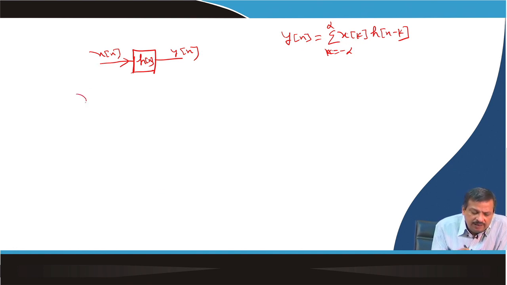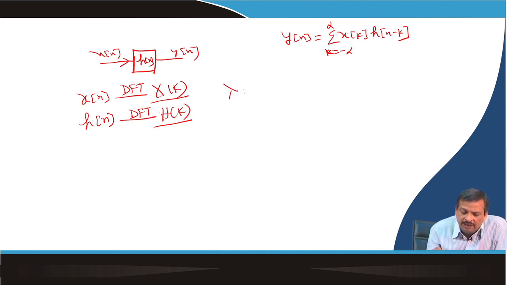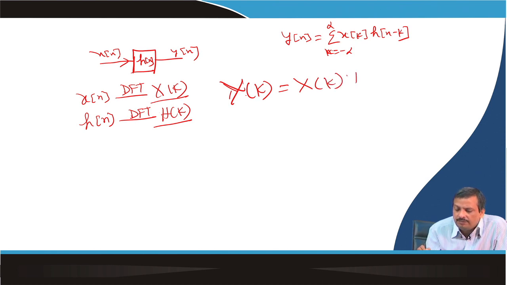Let us say x of n has a discrete Fourier transform x of k, and h of n has a discrete Fourier transform h of k. Now, if this is x of k and this is h of k, then y of k is nothing but the product of x of k into h of k.